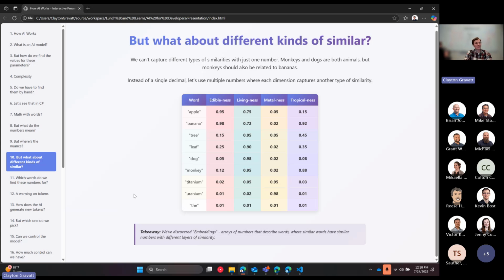And these are pretty orthogonal, like metalness and tropicalness are unrelated. And you talked about some of these being spread across multiple dimensions. Yeah. In reality, the concept of the tropicalness of something may not have this idea of orthogonality. The tropicalness might actually be between some things, the combination of multiple of these.